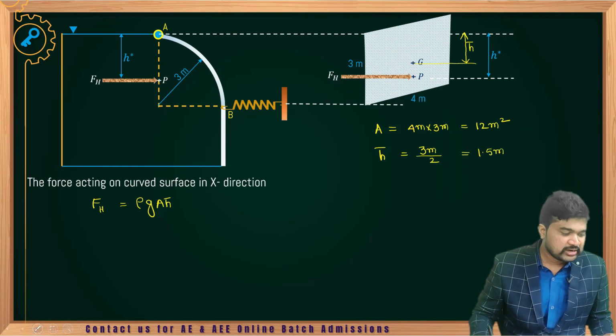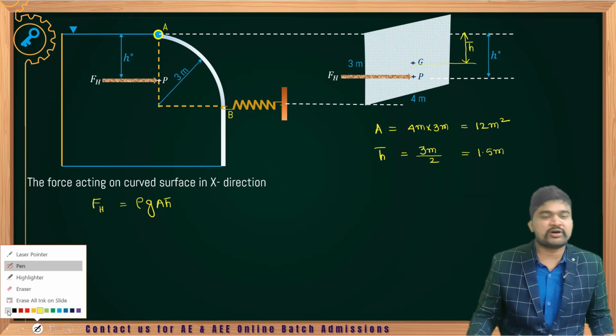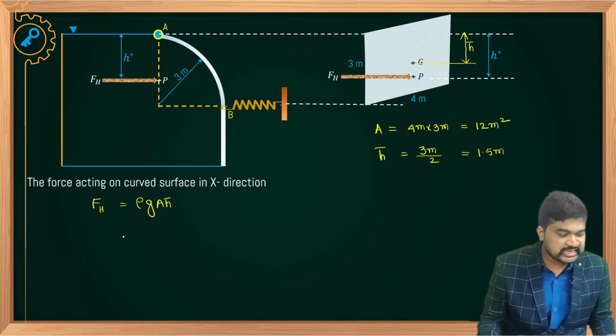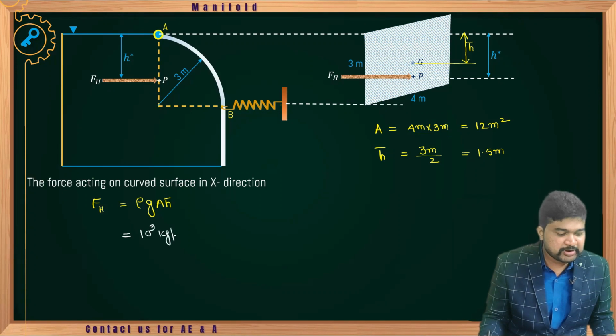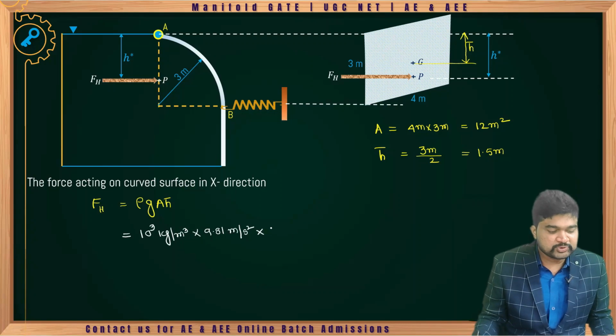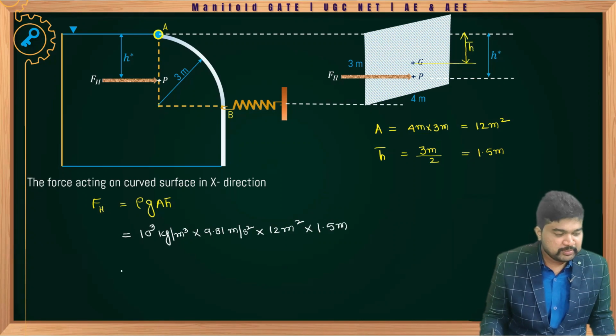Now tell me, what is the magnitude of the hydrostatic pressure force acting on the curved surface in x direction? 10 cube kg per meter cube into 9.81 meter per second square into the area 12 meter square into h bar, which is 1.5 meter.